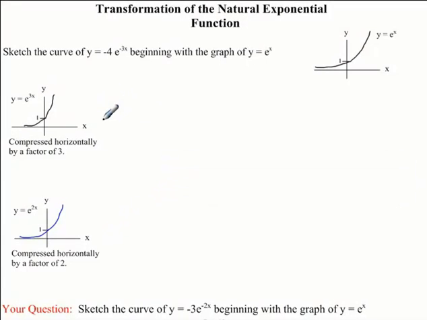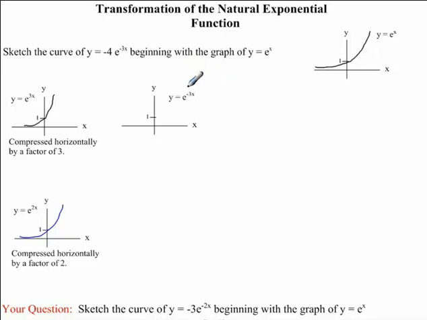So now coming back to the question we were working on, we're now going to apply our second transformation, the negative in front of the 3x. So again, we're going to have to draw another graph. This time it will be of the graph y equals e to the exponent negative 3x. The only difference between these two graphs is this negative in front of the 3x here.